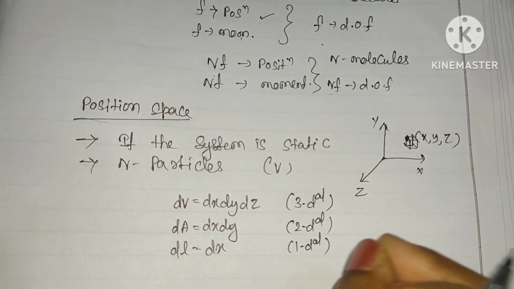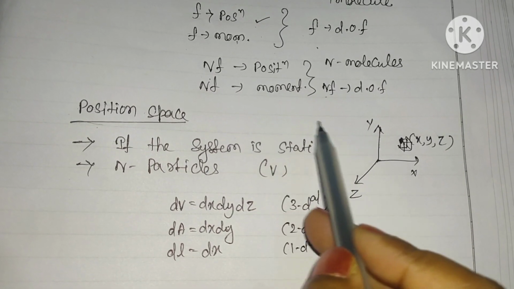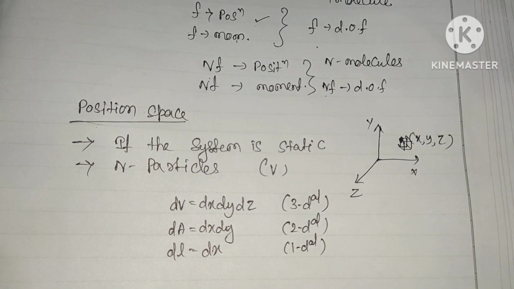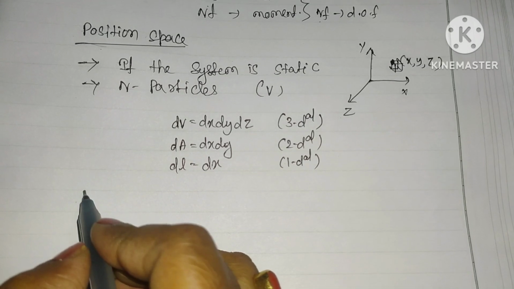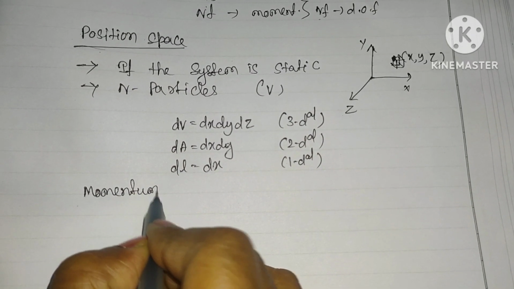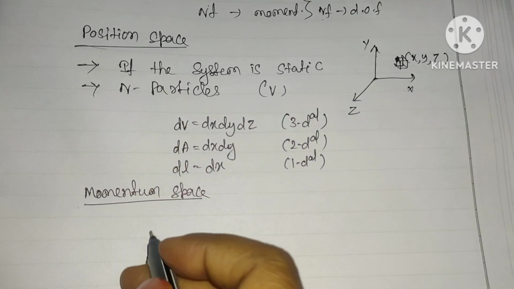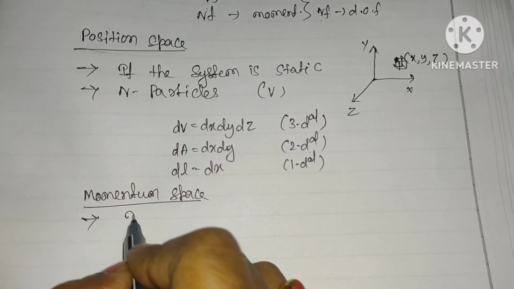So the position space is basically what we define when the system is static. The next one is momentum space. So what is momentum space?